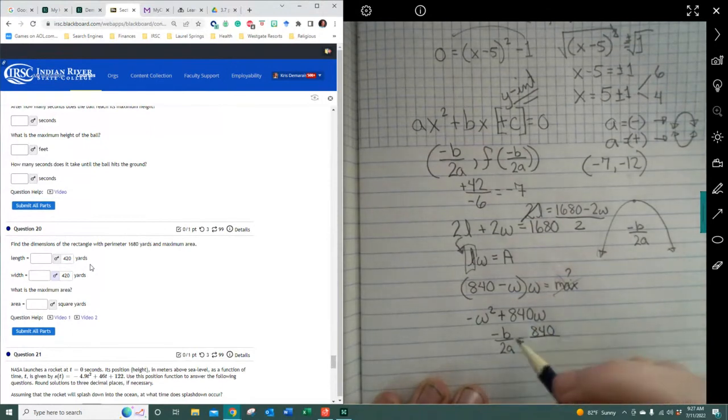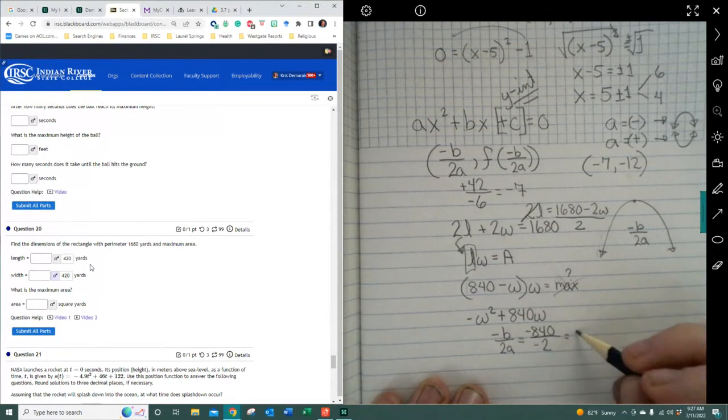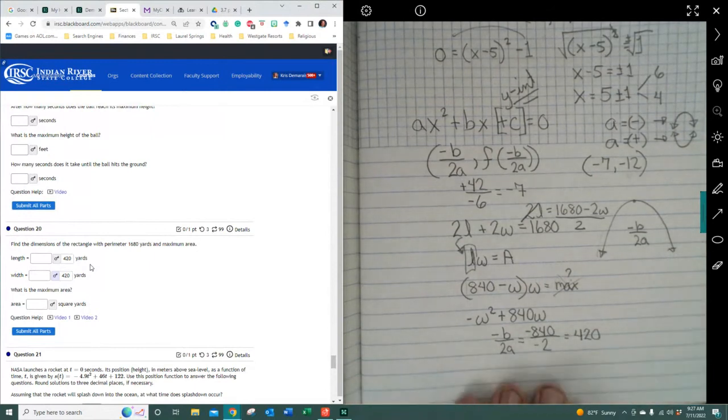Then we have -1 for a, so it's going to be -2. Negative divided by negative is positive, and then 840 divided by 2 is going to give us 420. Hey, wait a second. There's the answer.